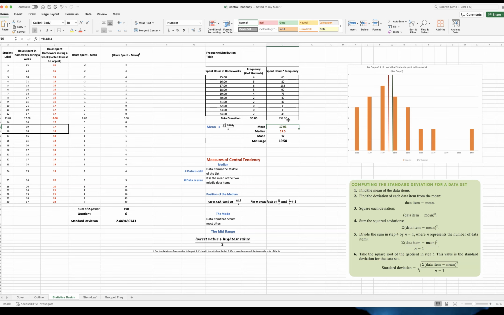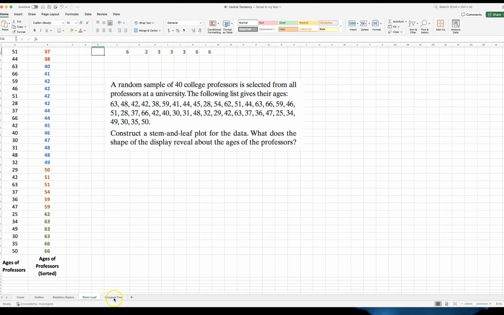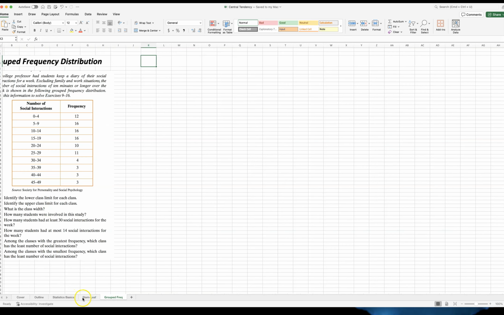So that is the way to compute the mean. So you have that one, you have here the graph, and then I discuss the stem and leaf and the group frequency. But this is what you're going to find in your spreadsheet in D12.